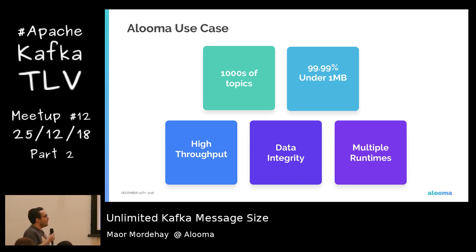We have consumers and producers in multiple programming languages. What was most important to us, and to our customers, is data integrity. So it was very important that implementing this solution won't hurt exactly-once, and the persistency and consistency of our data. Next.